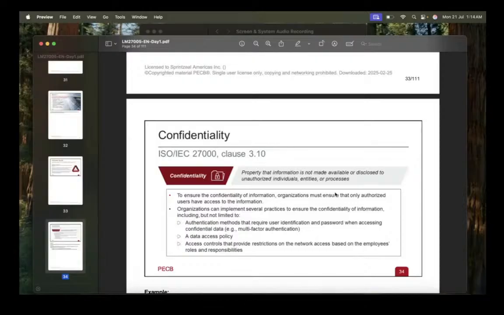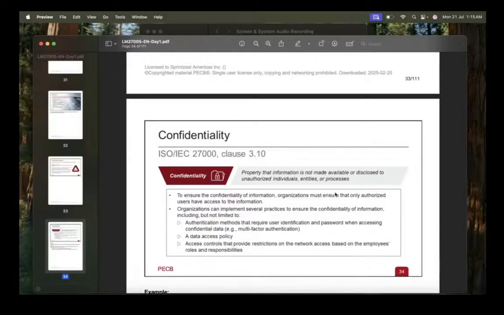So these points are actually very important to be noted here. What are the requirements of confidentiality? Since these are taken from ISO 27000, and what does ISO 27000 talk about? It talks about the requirements. So these are the requirements of confidentiality that we are discussing right now.